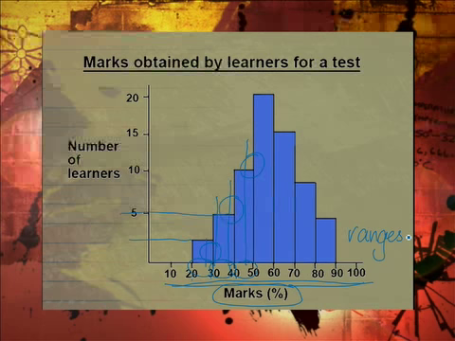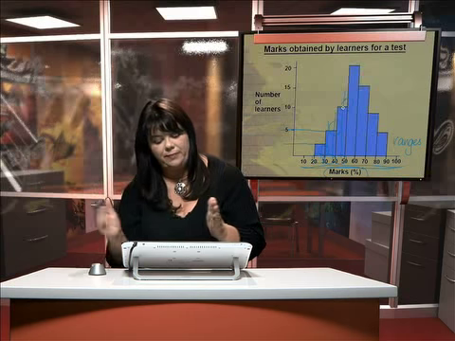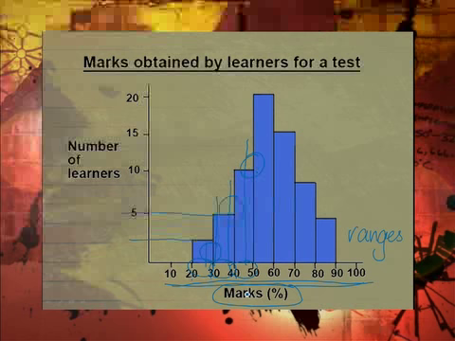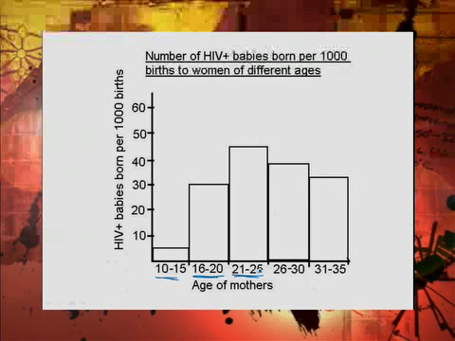And in this way, you can see very clearly that the graph bars must touch each other because they show continuation. 30% leads on to 40%, which is linked to 50%, and so on all the way up the axis. Here's another example. Number of HIV positive babies born per 1,000 births to women of different ages. And what we've done is we've put the ages into different categories.